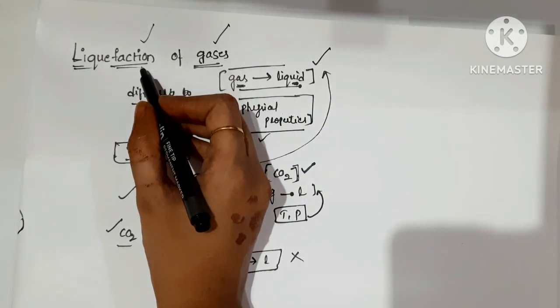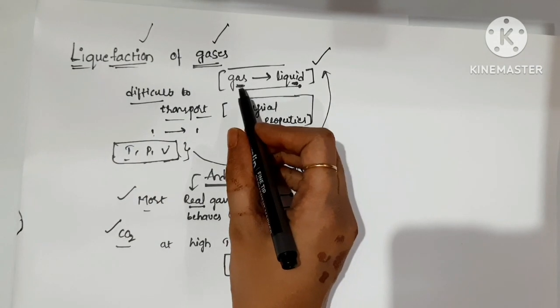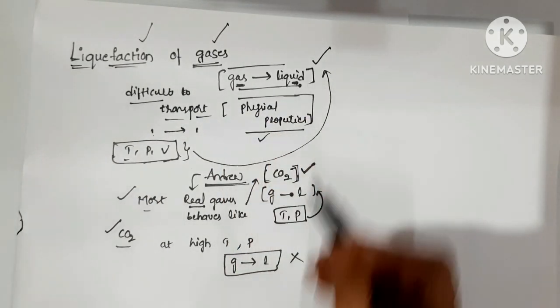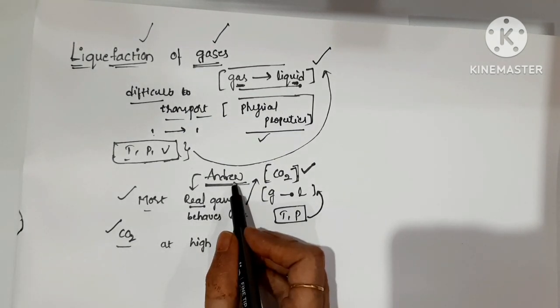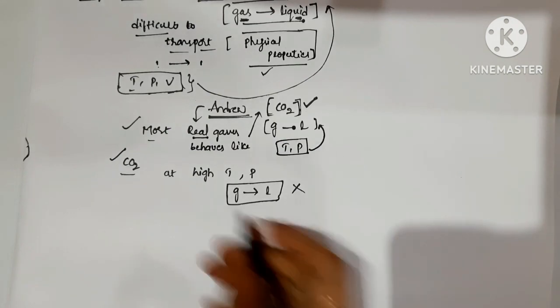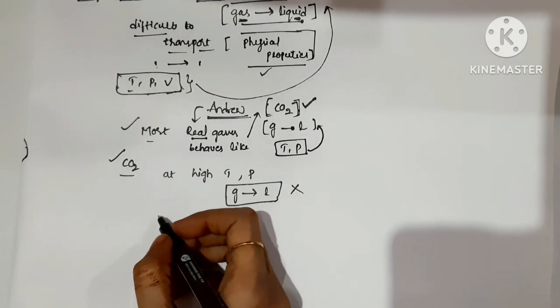Liquefaction means transformation of substance from gas state to liquid state. So at high temperature and pressure we cannot change from gas state to liquid state. Critical constants play an important role.